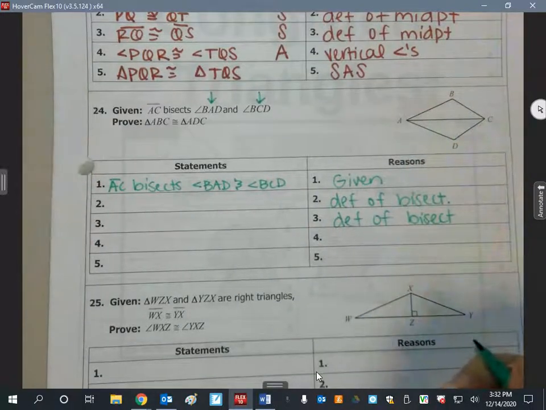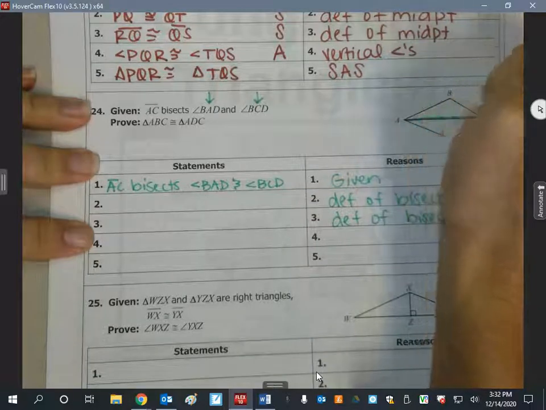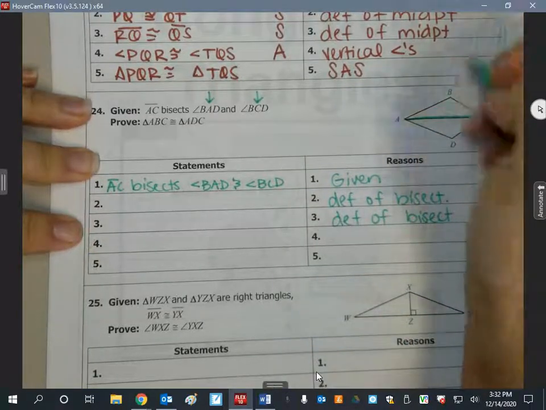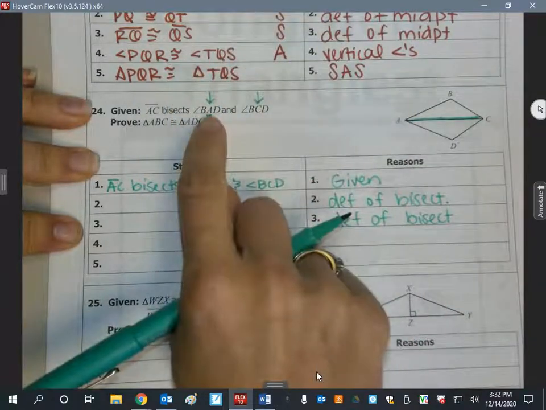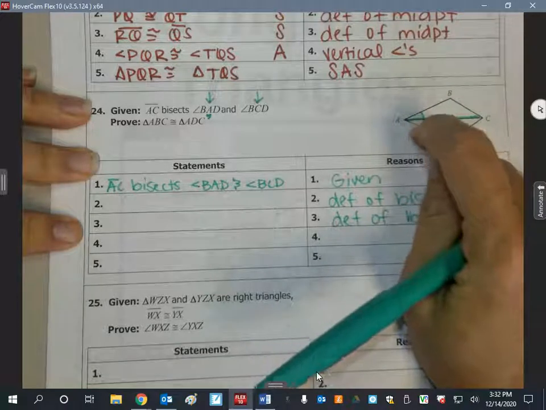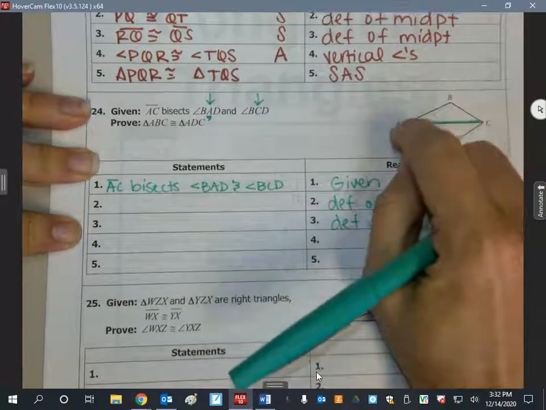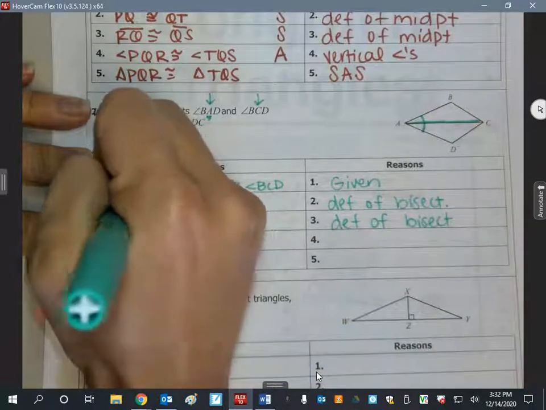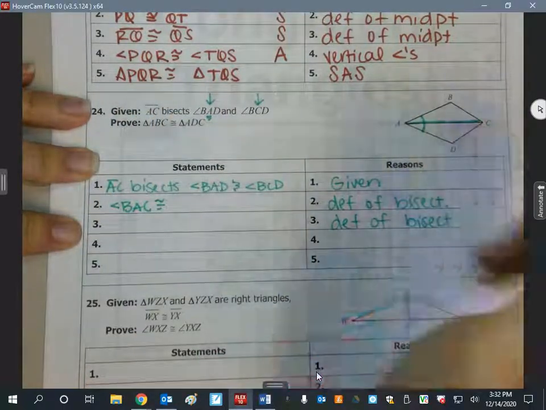All right, now let's take a look at what this bisects. So AC bisects BAD. Remember the angle is at the middle letter. So this bisects angle A. So we just need to name these two smaller pieces now. So that's BAC. Angle BAC is congruent to angle DAC.